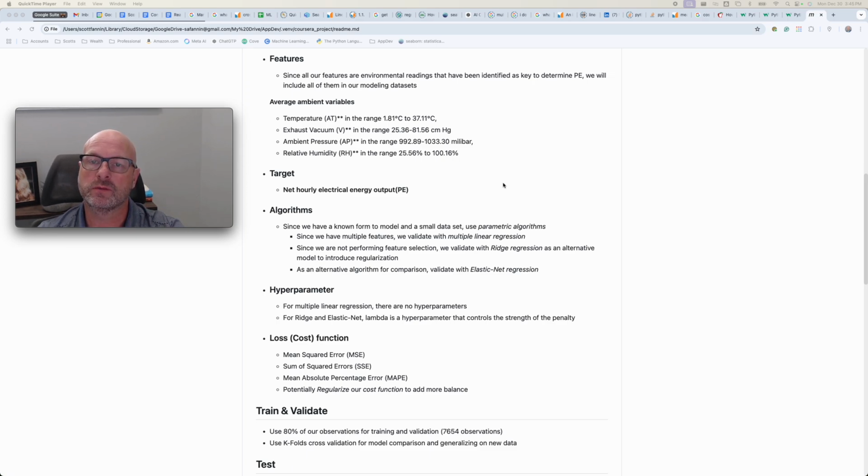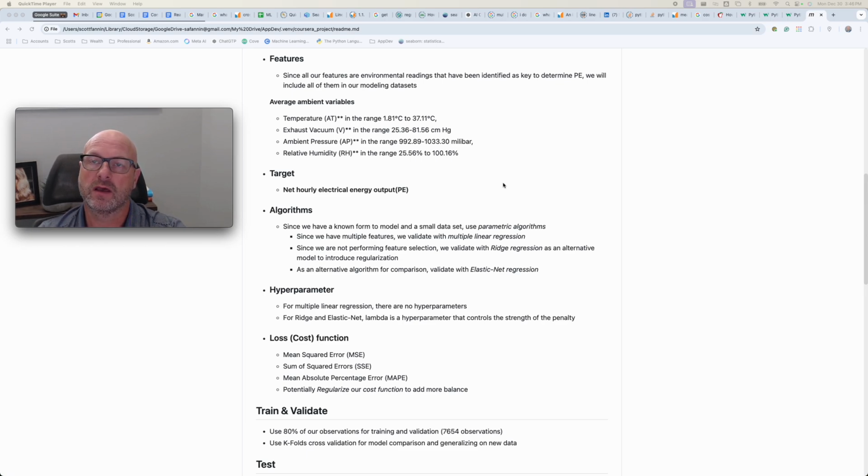As for our algorithms, I'm proposing that we use a few different algorithms to test. We have a known form to model, and we have a relatively small data set, so I'm going to try to use parametric algorithms here. I want to try three different ones. Start with multiple linear regression, and then also see what happens when we use another algorithm like ridge regression.